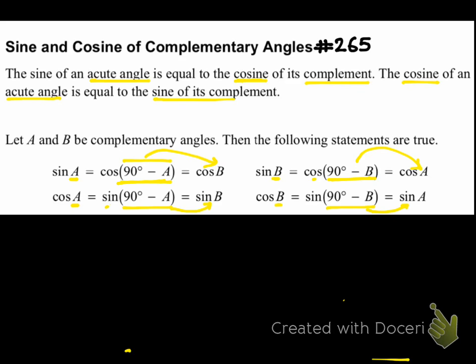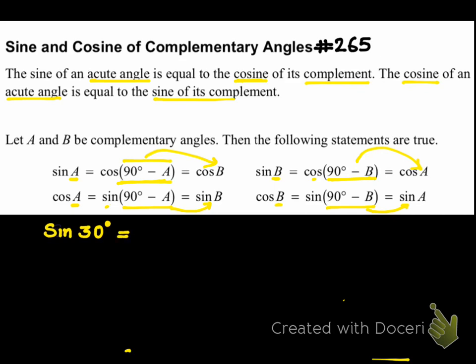Now, what is the meaning of this? It means if we are talking about finding the sine and cosine of some specific angle, suppose I say sine of 30 degrees, and I'm asking, can you represent it in the form of cosine?